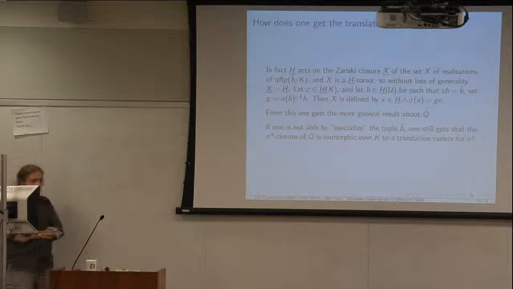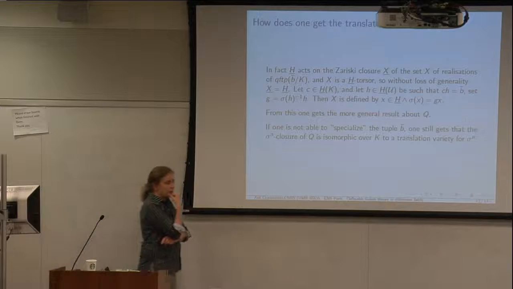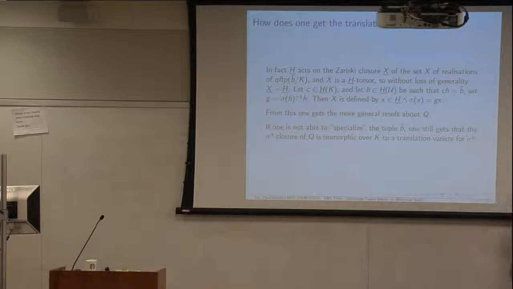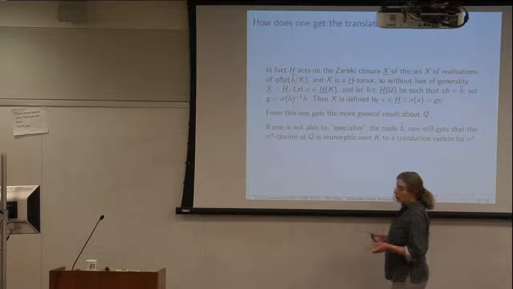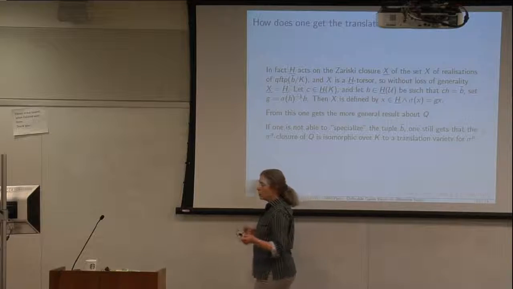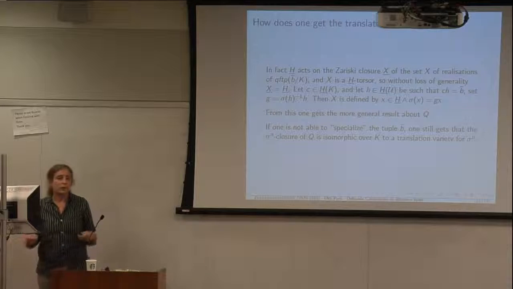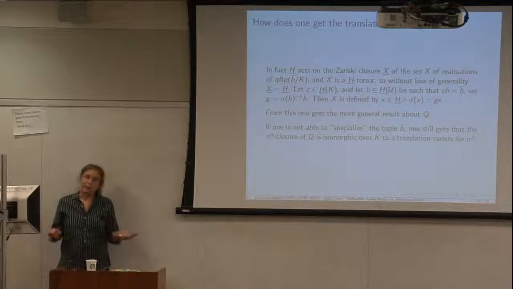Now, what happens in the general case? This is just in the case when I can nicely specialize my fundamental solution to another fundamental solution which does not increase the fixed field. In that case, instead of looking at sigma, you go to sigma to the n, and there it works.